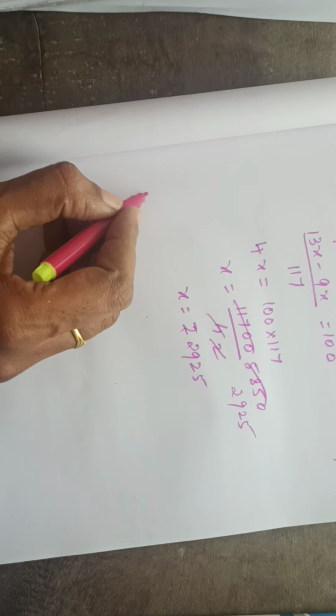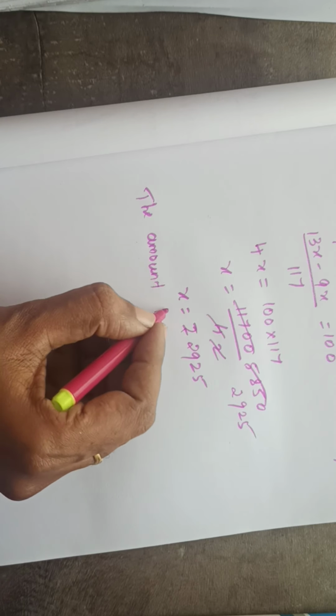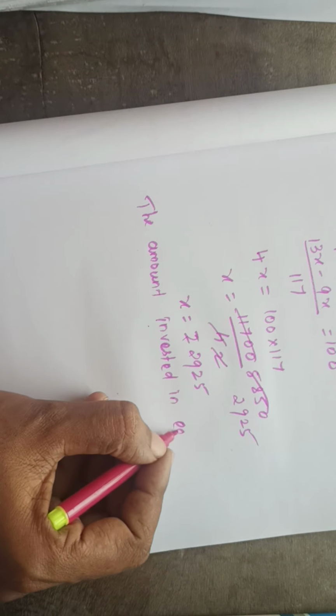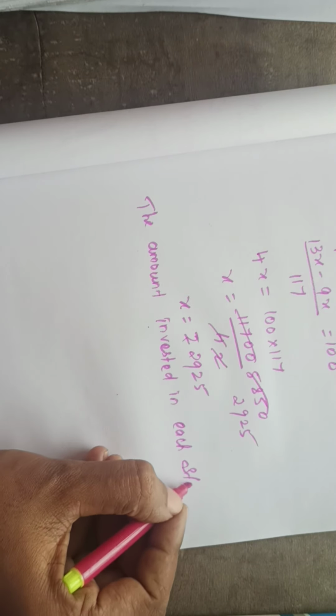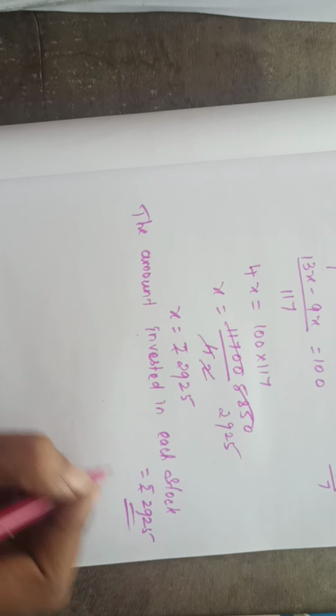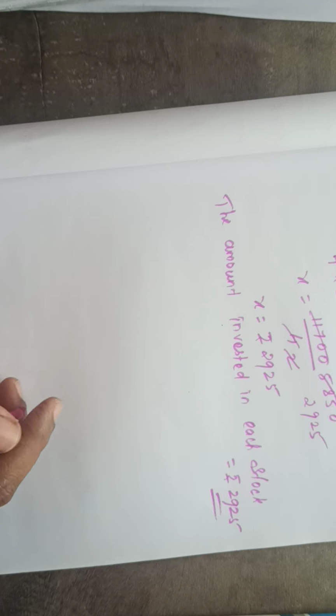Okay. So what about the amount invested? The amount invested in each stock is equal to rupees 2925. Okay. So this is that. Understand? Okay. Let's move to the next question.